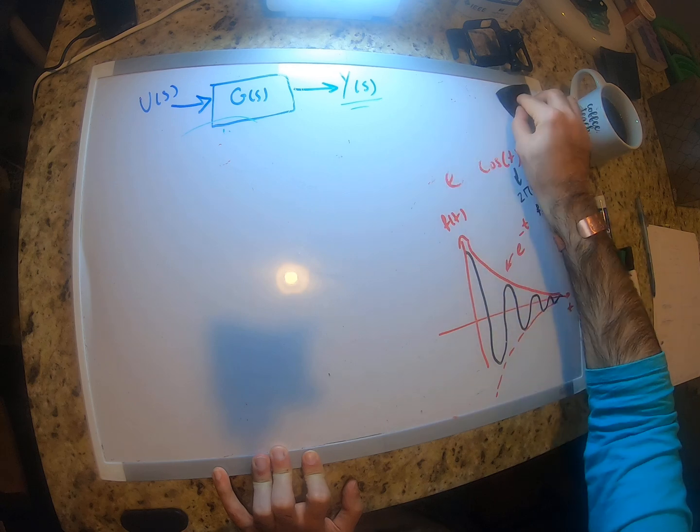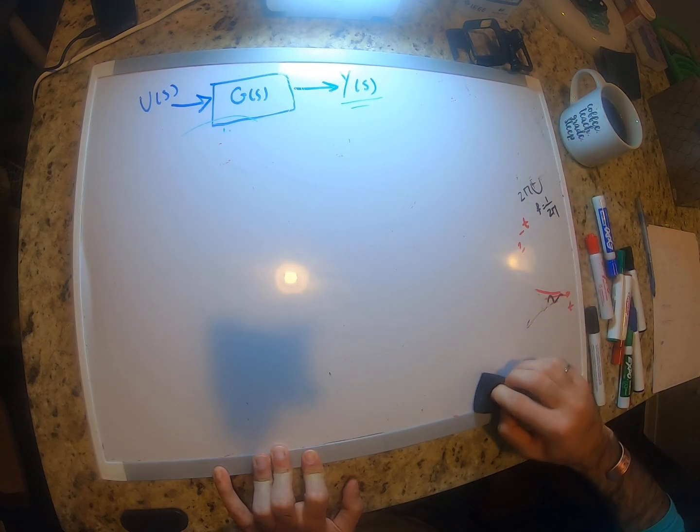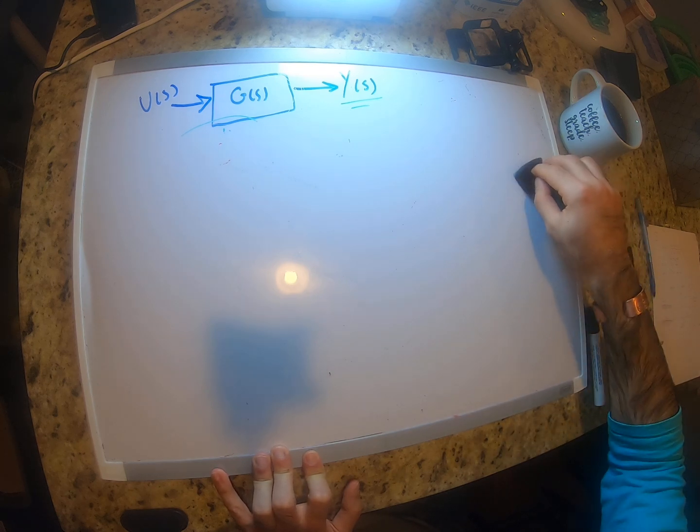How about zeros? We talked about the poles of the transfer function, but I didn't mention anything about the zeros.